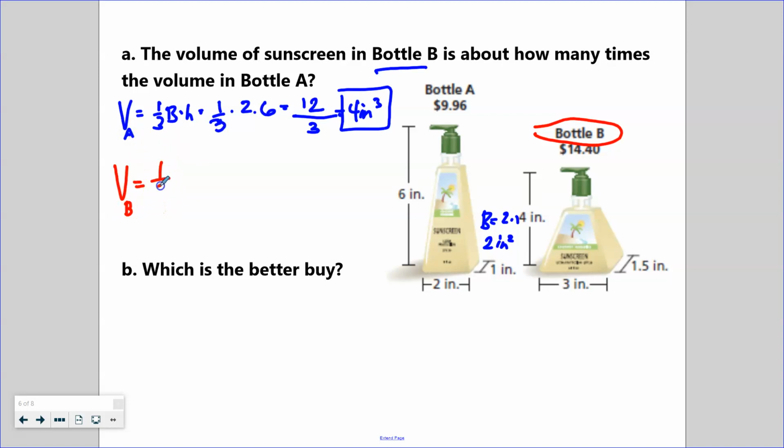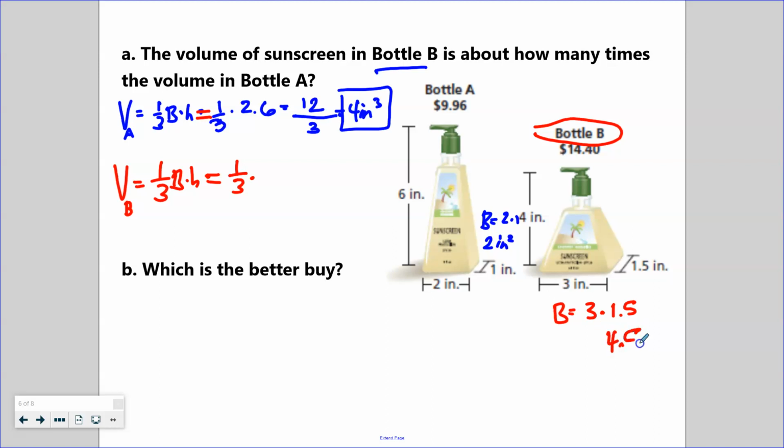So we say 1/3 base times height equals 1/3 times the base over here, which is 3 times 1.5. Yeah, 4.5.